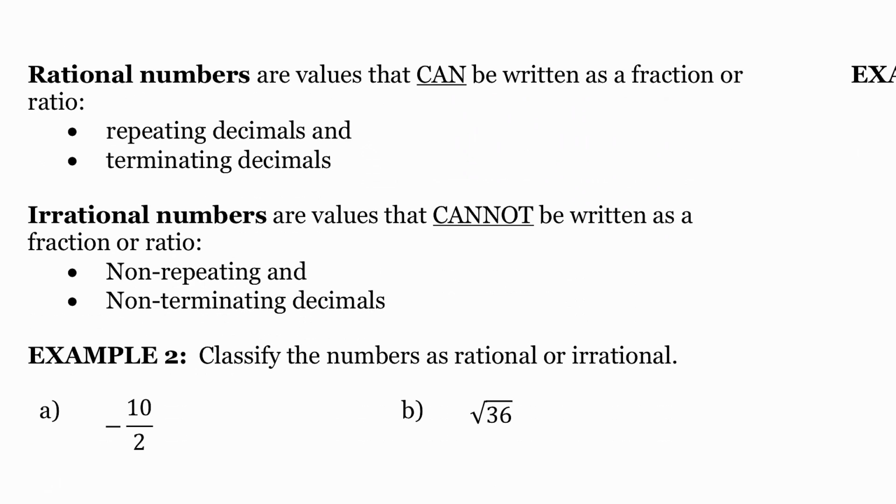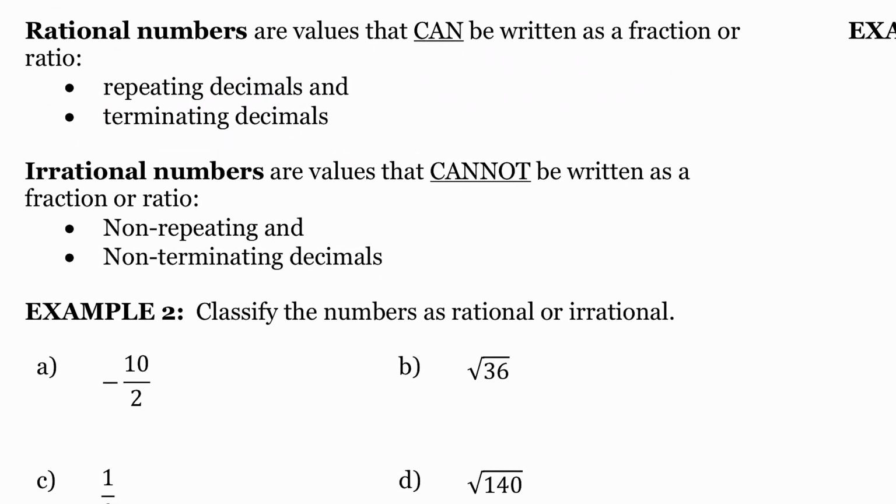As long as it repeats the same number or numbers over and over again, it's repeating. Terminating means it stops. So 2.5 is a terminating decimal because there's nothing after the 5 except zeros. So those are rational numbers.